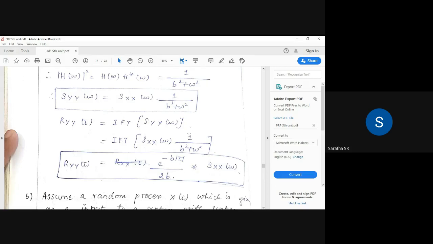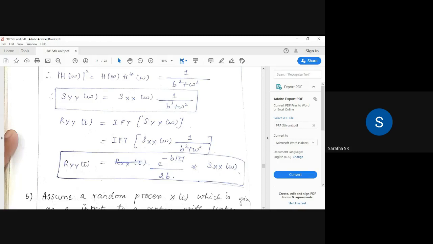We can multiply this 2b and divide by this 2b. So 2b by b square plus omega square can be written as e power minus b modulus tau. In the denominator you have one more 2b because we introduced both the 2b. So we have that star Sxx of omega.